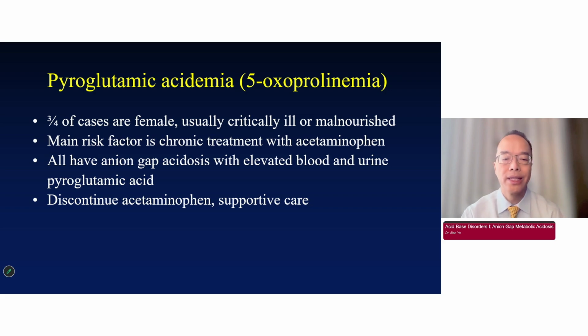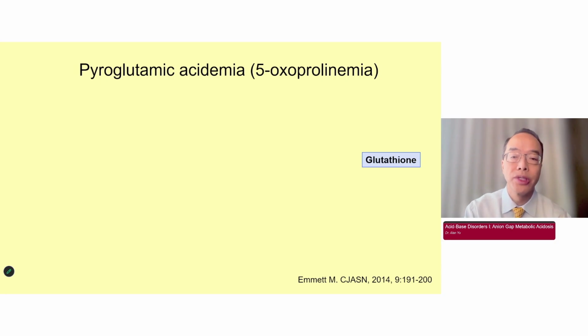And again, if you don't suspect it, you won't know it because you have to send off a specific test. In our hospital, we send off organic acids in the urine, and it's done by HPLC. Other hospital labs may have different ways of doing this. And the treatment is supportive care, but most importantly, discontinuing the acetaminophen.